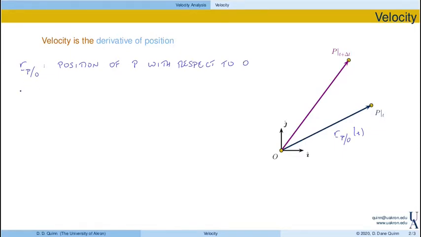One thing that's important is that the origin is fixed in what we consider to be the ground frame of reference. You can think about it as the plane of the paper or your computer screen. In particular, it's not moving, and it serves as our reference frame. So the origin is fixed in the ground.